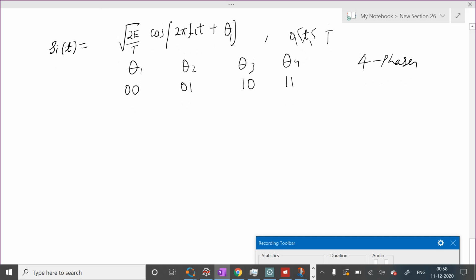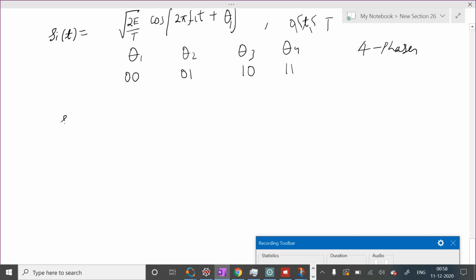Okay, to put it more formally, let me suppose I choose Si of t as under root of 2E by T. Mind it, I'm not now using Eb or Tb. That was for bit energy and bit time interval.